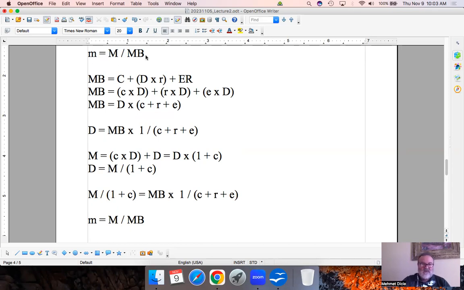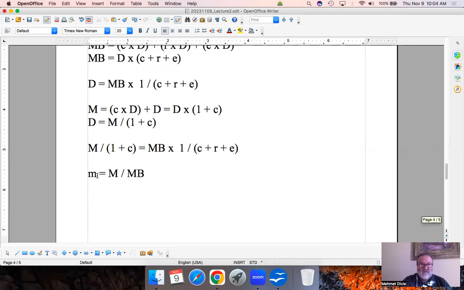So I need to replace this with the money multiplier, and you can see how I can do that. I can move the 1 plus C over to the right-hand side and move the monetary base to the left-hand side.